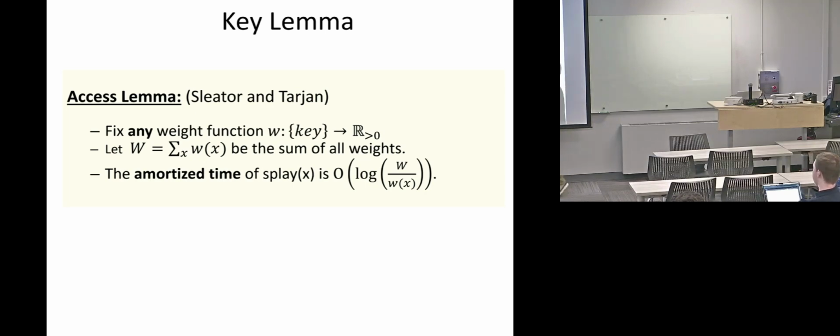The key lemma is that if you fix any weight function that you can imagine, it might have nothing to do with anything, just some weight function that maps the key to some positive number, and then you let capital W be the total weight, the sum of the weights. Then the amortized time to Splay x is going to be O(log of W over Wx).